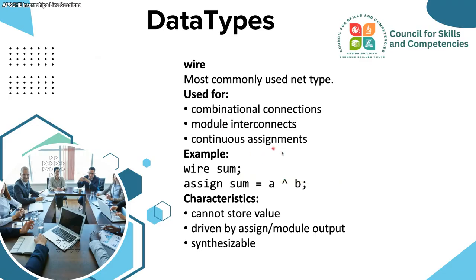So for all these things, we'll go for wire. This is a continuous assignment. Okay. So it's a combinational XOR, so we will use the wire. This A and B can be the input, output, such kind of things.